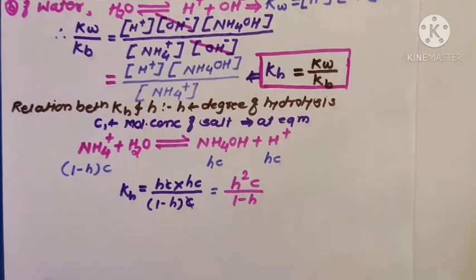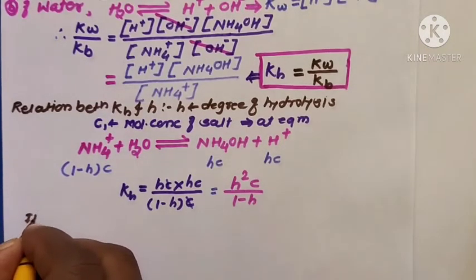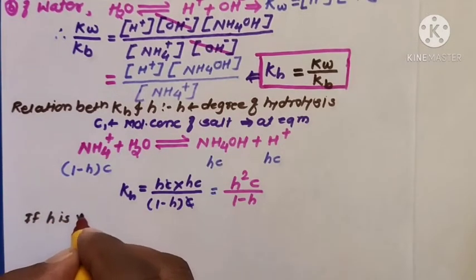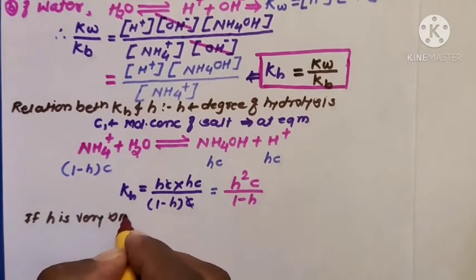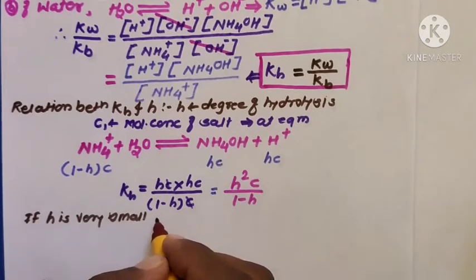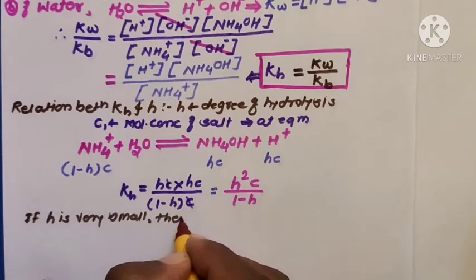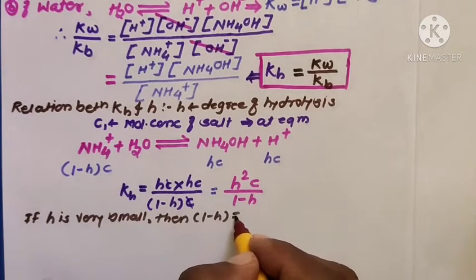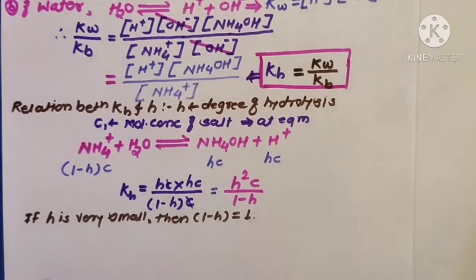Now if h is very small, then 1 minus h is equal to 1.